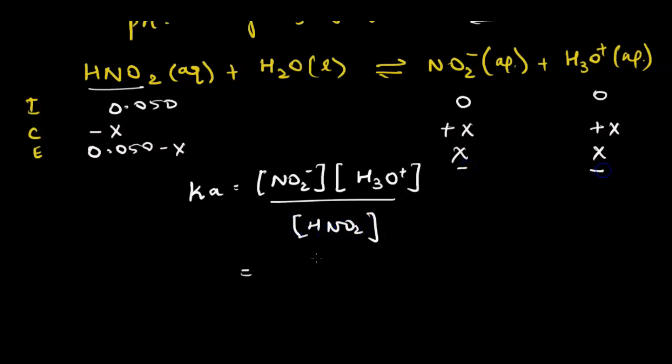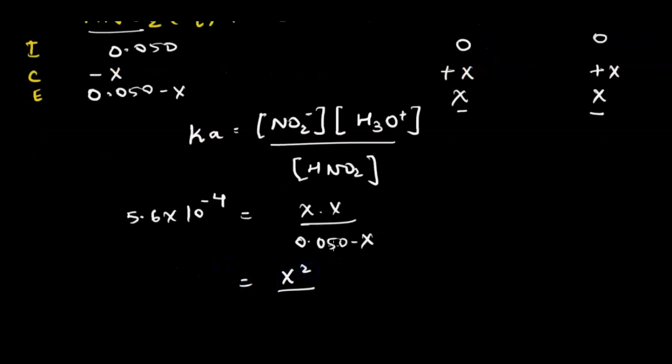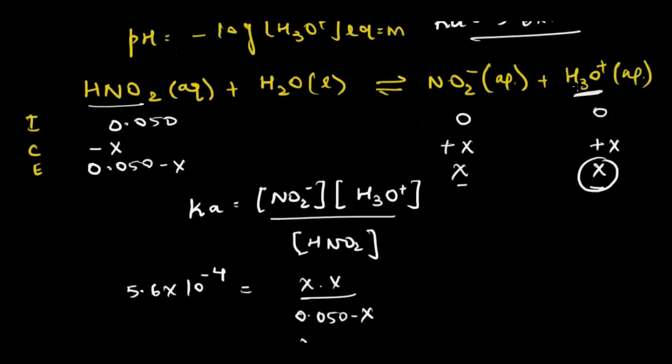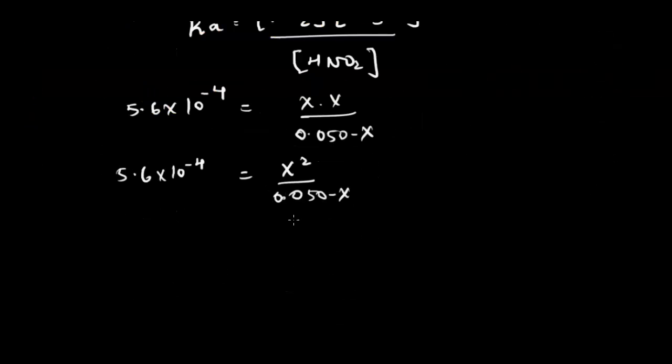This is X, this is also X, so we would have X times X divided by 0.050 minus X. Ka is given to us as 5.6 times 10 to the power negative 4. We have to solve for X because the value of X can be substituted here to give us the equilibrium concentration of hydronium ions. To isolate X, we'll move this over to the other side, and we get 5.6 times 10 to the power negative 4 multiplied by 0.050 minus X, that is equal to x squared.